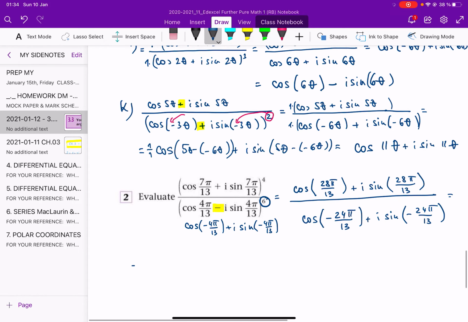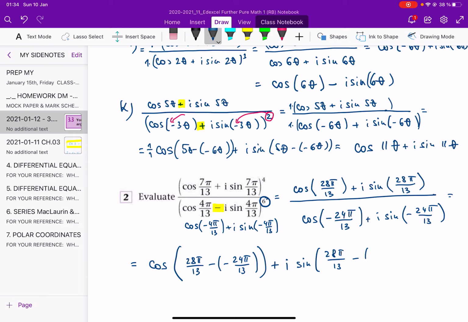Now when I divide it, then I need to subtract the arguments. So 28 pi over 13 minus 24 pi over 13 plus i sine, the same story. I said 28 pi over 13 minus 24 pi over 13.